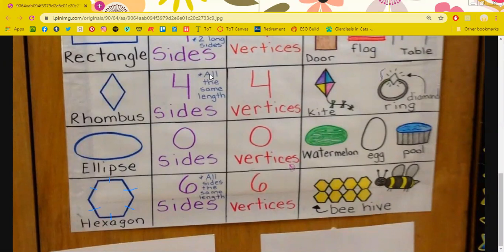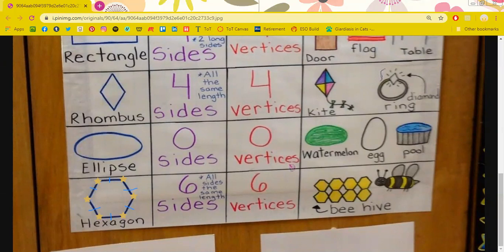And if we double check just to be safe, we can see that we have 1, 2, 3, 4, 5, 6 vertices in our hexagon. So remember, sides are our lines. They're straight. If it's not straight, if it's curvy, it's not a side.